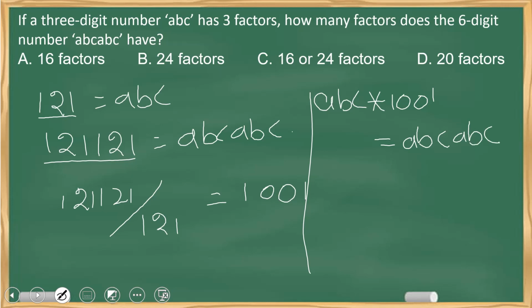You need to understand this small logic here. Any 3-digit number into 1001 is a repetition of the same number again. So this is the way. How many factors does the 6-digit number ABCABC have? This is the question we were asked.